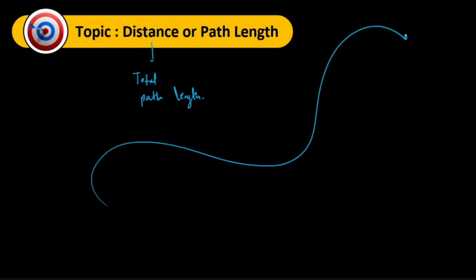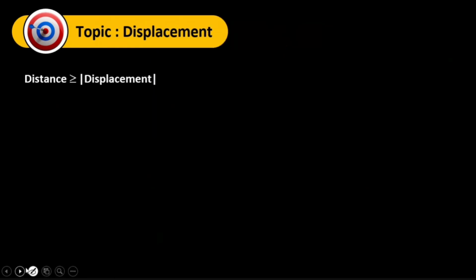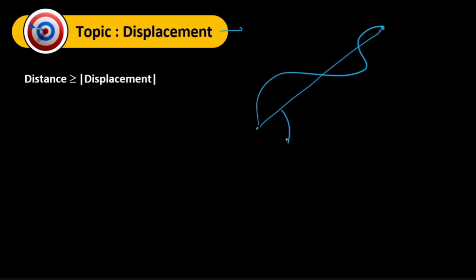So distance we have already defined. It is total path length. From wherever the particle has moved to whichever point by covering the actual path length, that is going to decide the distance. Similarly, we talked about displacement also, that it is going to be the shortest path length between two positions. Right. So here comes the important relation.